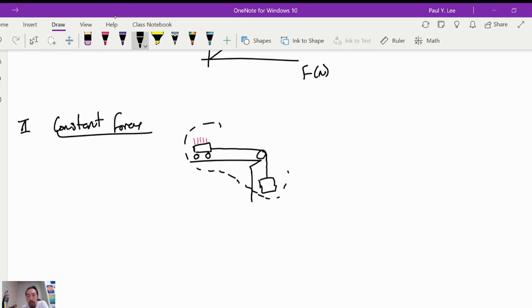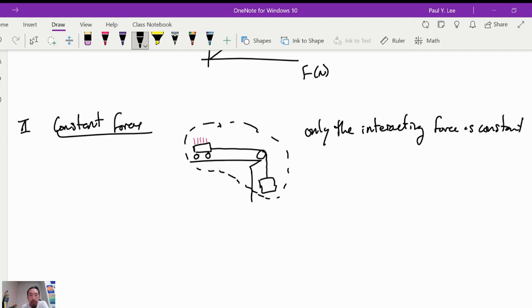We're looking at the system here, but what we're doing is only the interacting force is constant. And for us, the only interacting force, and make sure you can identify this, would be the force of gravity on this hanging mass.